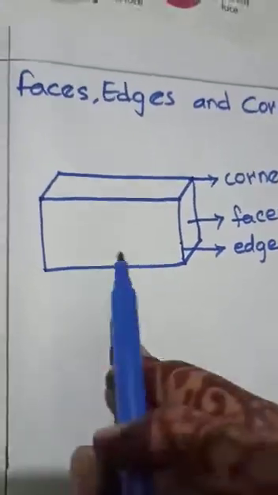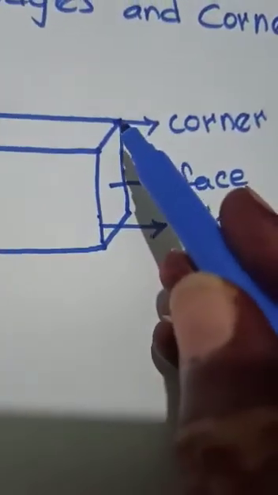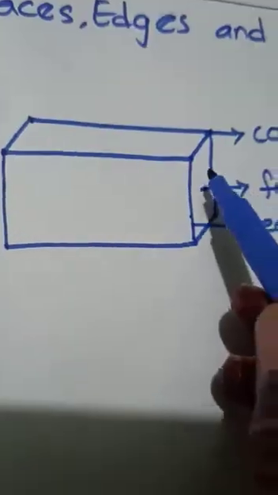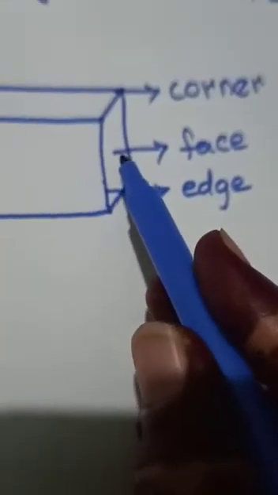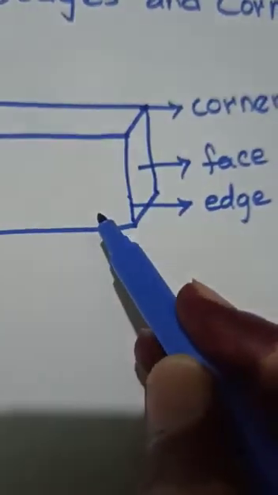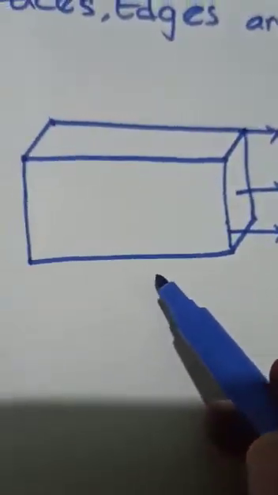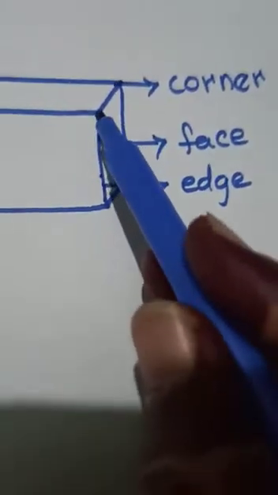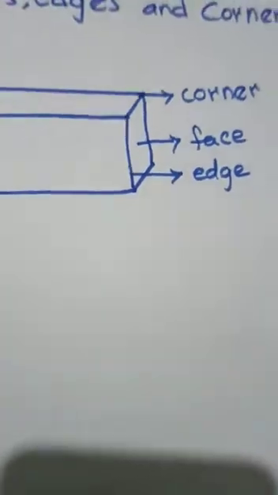Okay, see, this is a rectangle and these are called corners. This is face. See, 1, 2, 3, 4, 5, 6, and this is called edge.